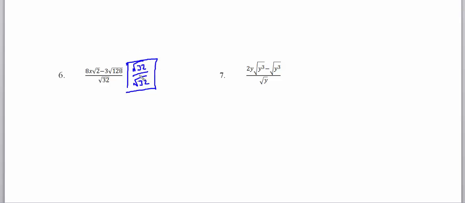Because as we multiply the top and bottom by the square root of 32, these numbers are going to get really big. And since the 32 is under the radical, it will only actually affect another radical and its size. So this is going to be 8x times the square root of 64 minus 3 times the square root of 4,096, and that's 32 times 128.